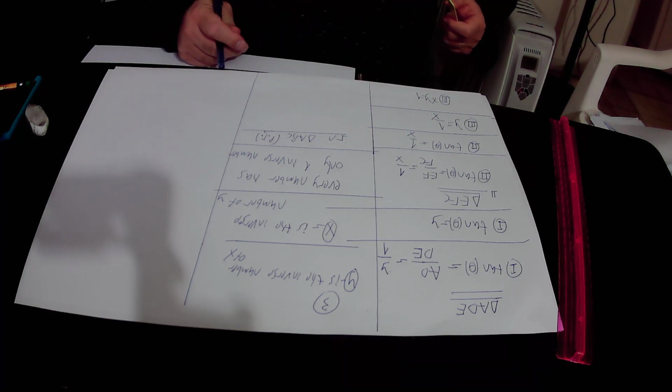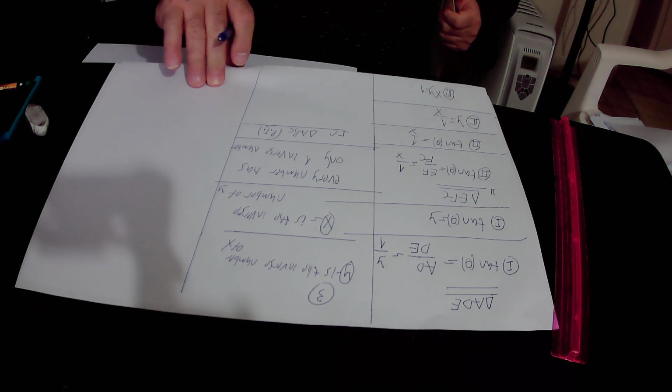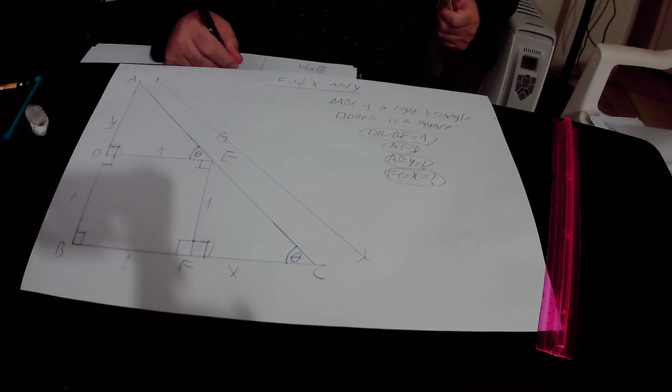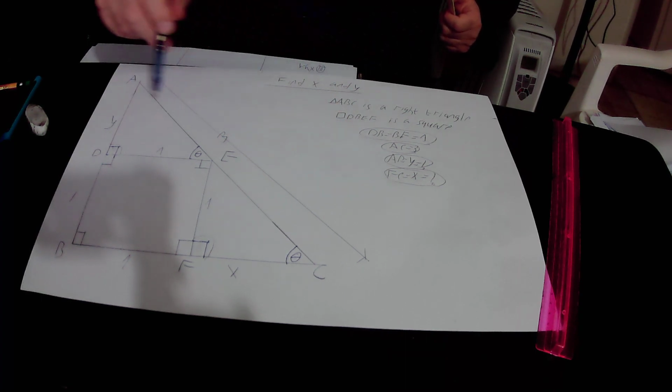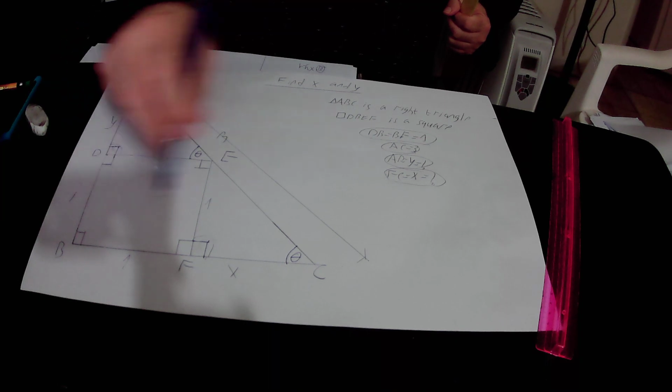According to the Pythagoras theorem, the square of the hypotenuse in any right triangle, and especially in the right triangle ABC, equals the sum of the squares of the perpendiculars. The hypotenuse in triangle ABC is AC. The square of the hypotenuse is AC squared. AC squared must be equal to AB squared plus BC squared.